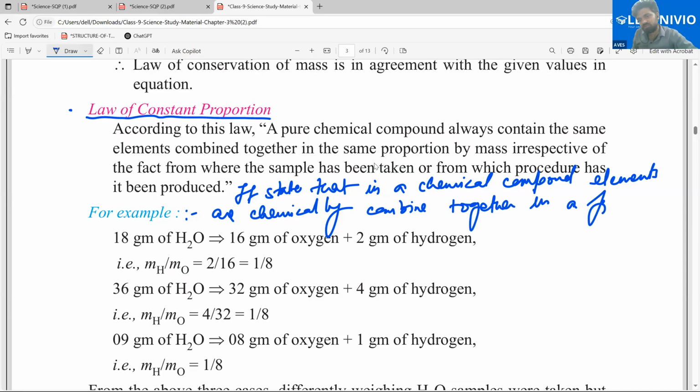Okay, note it down fast. In a fixed ratio by mass. According to this, what does it say? I'm going to explain it to you.